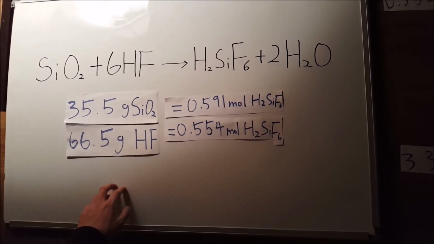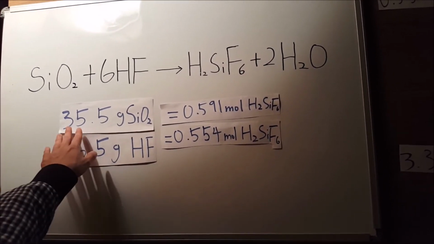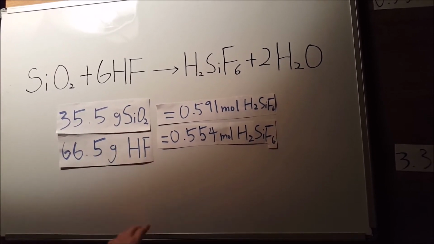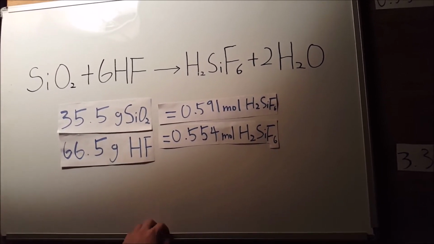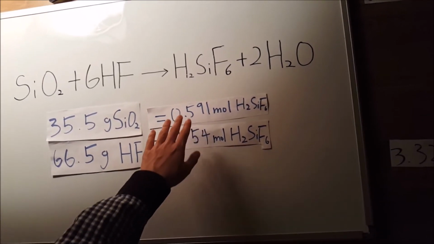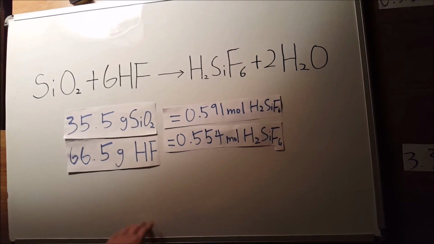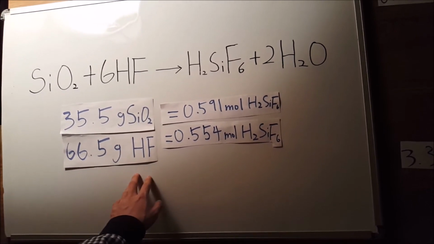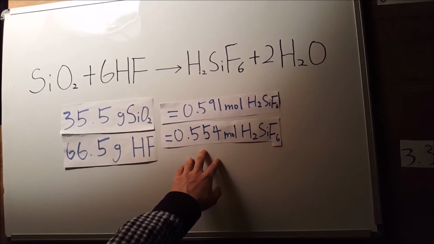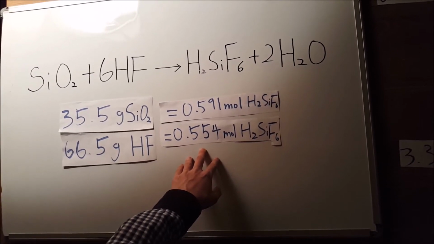The reason is that if we use 35.5 grams of silicon dioxide in this experiment, it won't limit the reaction. It will create more products. But if we use 66.5 grams of hydrogen fluoride, it will limit the experiment because it will create less product.